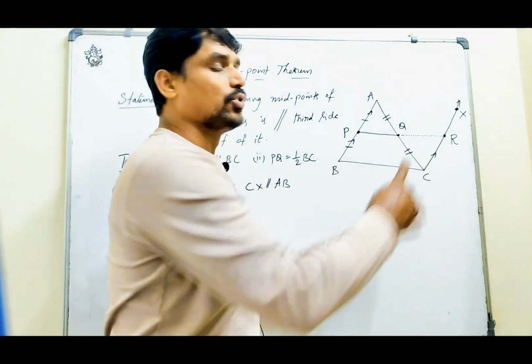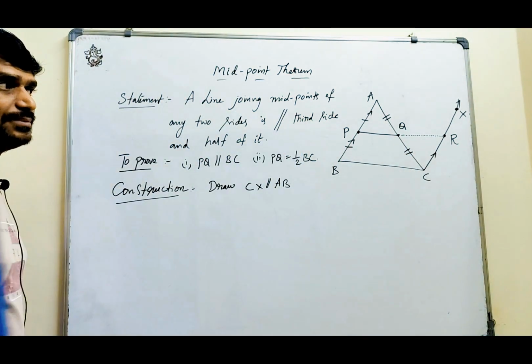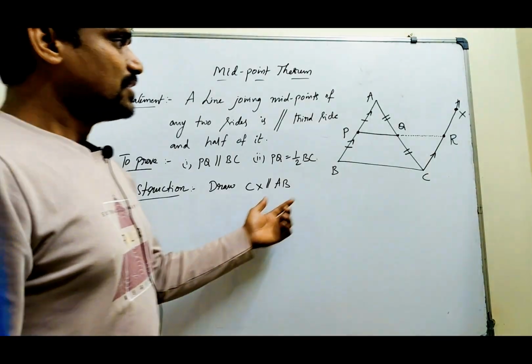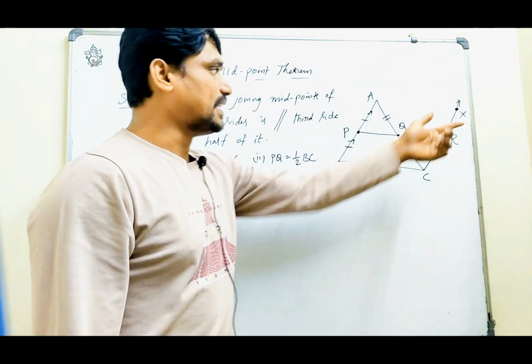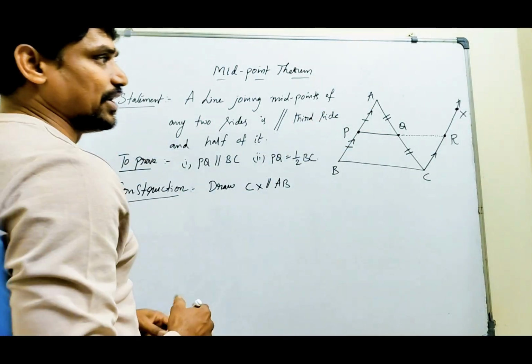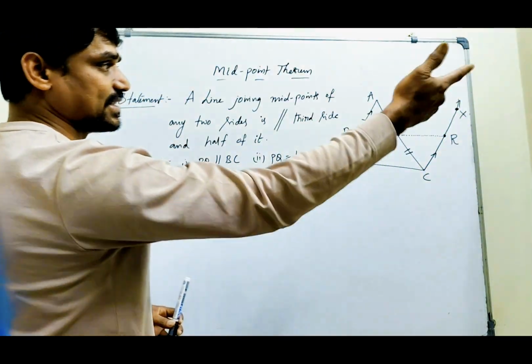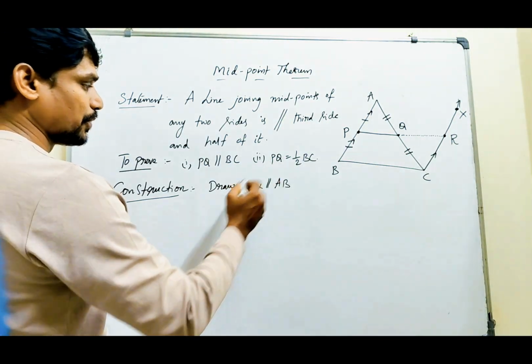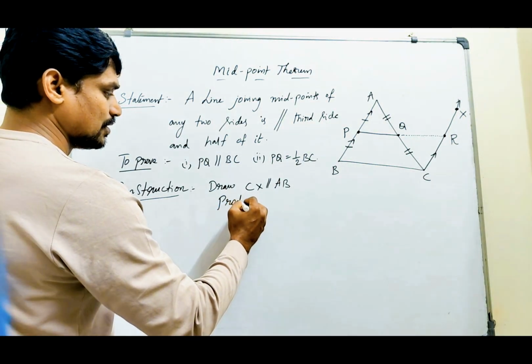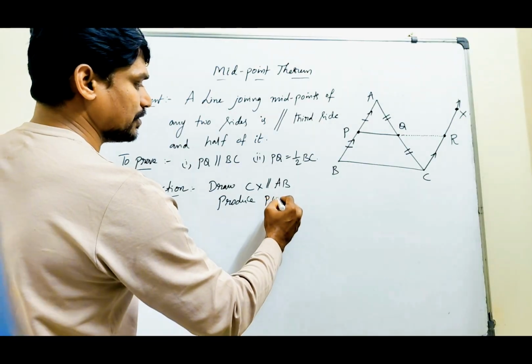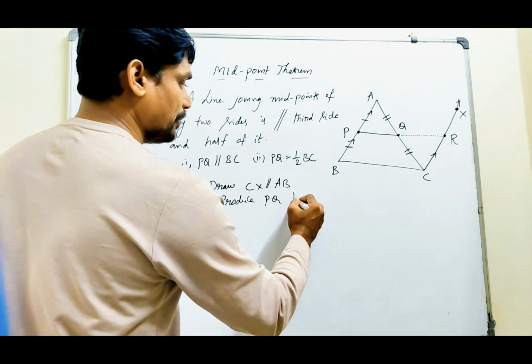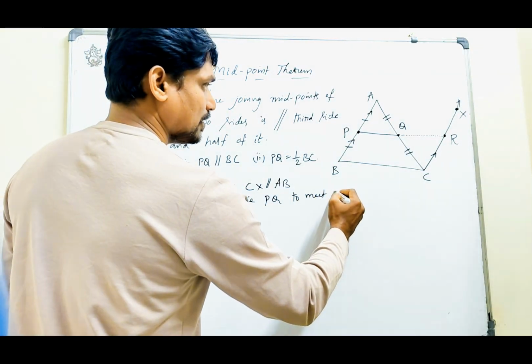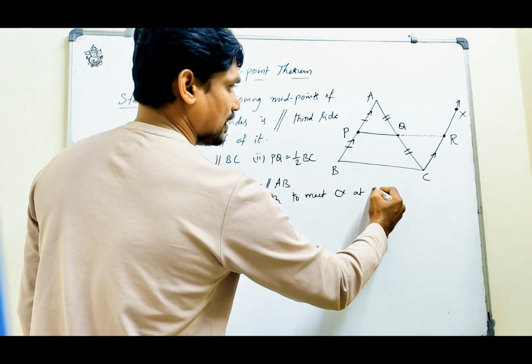The same concept I am going to apply here as well. Okay. So the next point is extend PQ so that it meets CX at R. So produce PQ to meet CX at R.